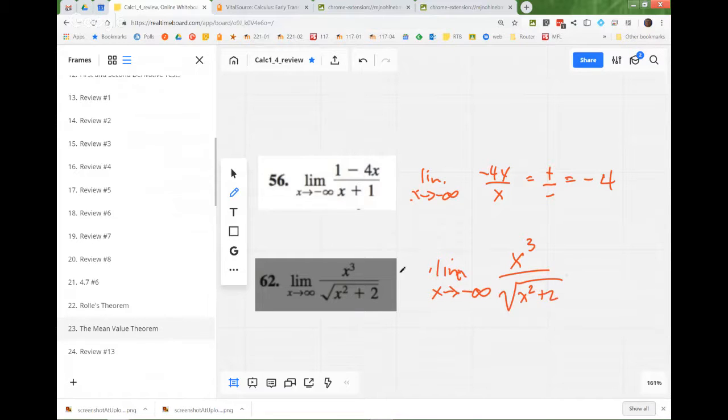Yeah. Okay, so on the top, obviously we're going to have a negative infinity, because a negative times a negative times a negative is a negative. On the bottom, you've got a negative infinity squared, which is a positive infinity, and the square root of a positive infinity.